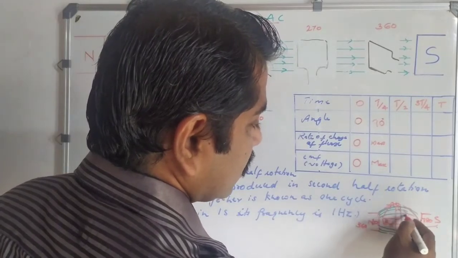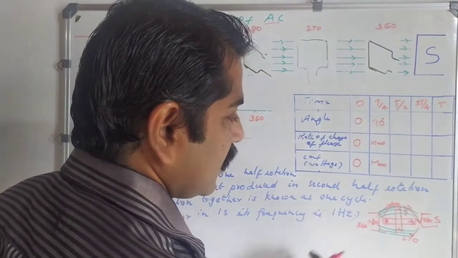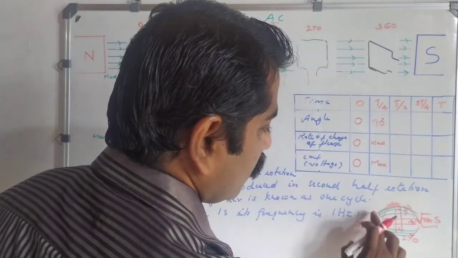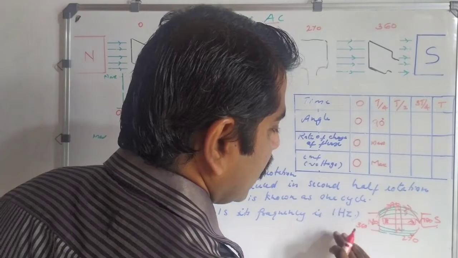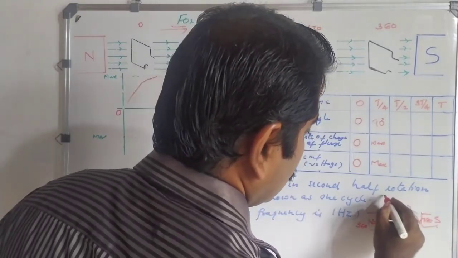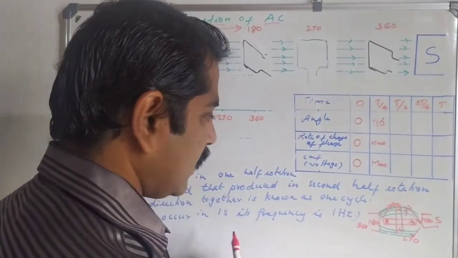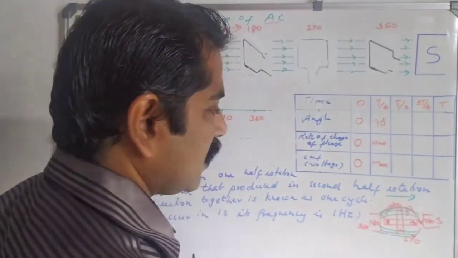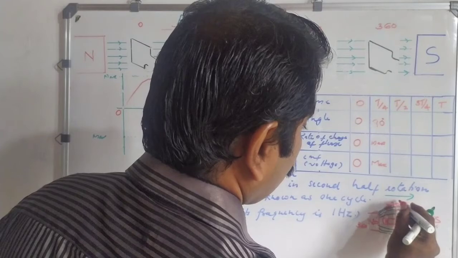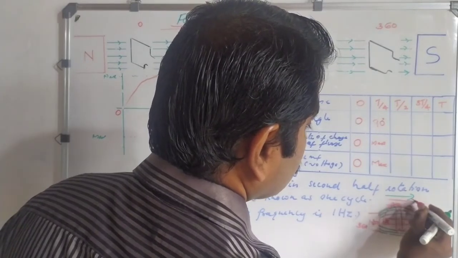The magnetic lines are moving in this direction. So from 0 to 180, the armature is breaking the flux in the same direction. Now the direction of magnetic lines is towards south and here the rotation of the armature is also in the same direction.